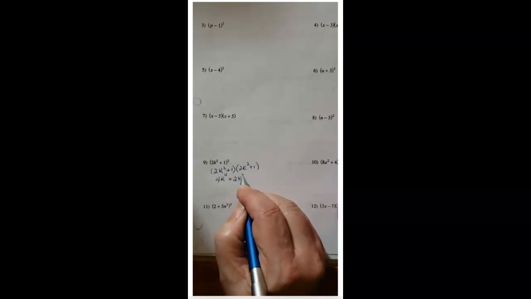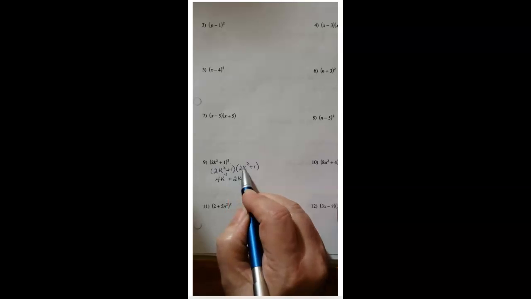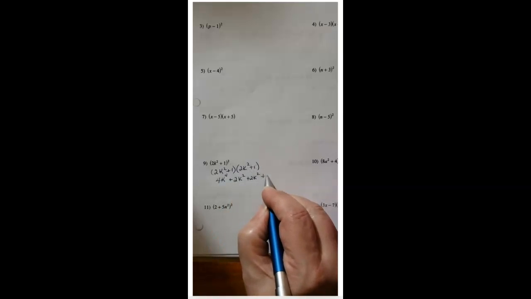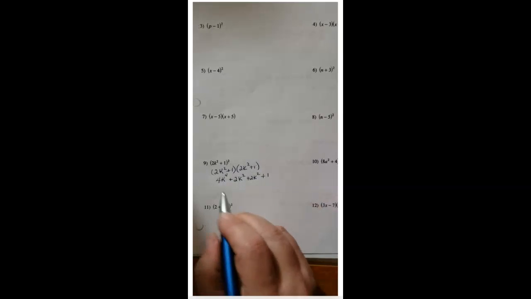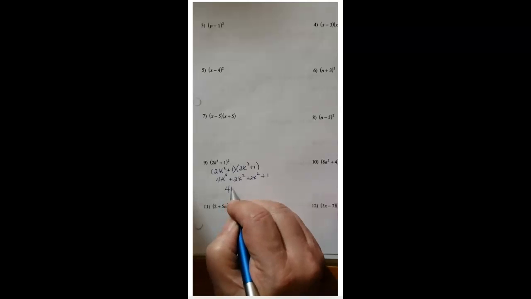Outside times outside would give me positive 2k squared. Inside times inside would give me positive 2k squared. And last times last is going to give me positive 1. Combine like terms. Again, you should notice at this point that I just keep doing the same old thing.